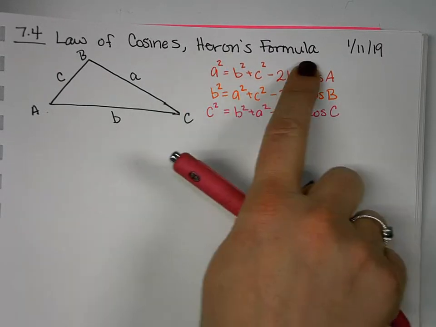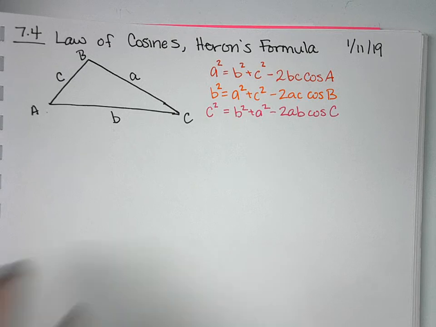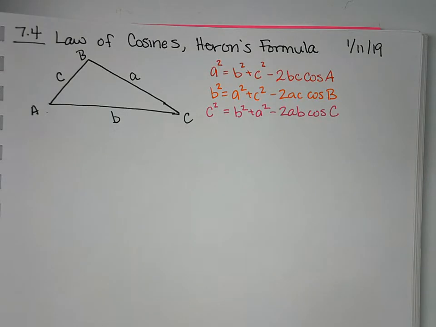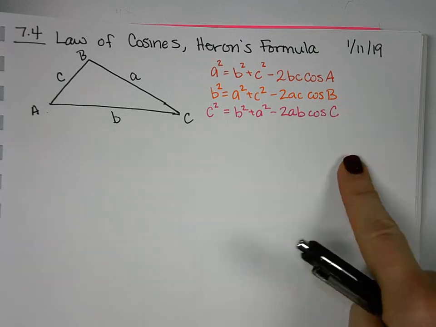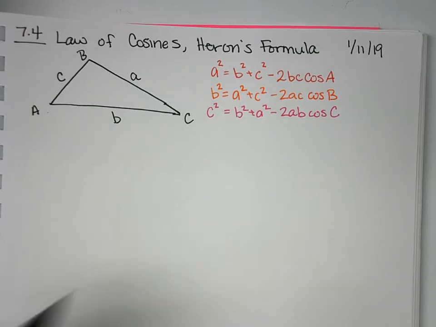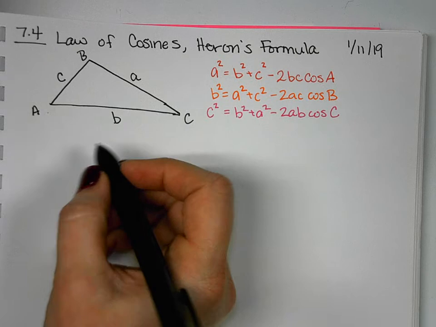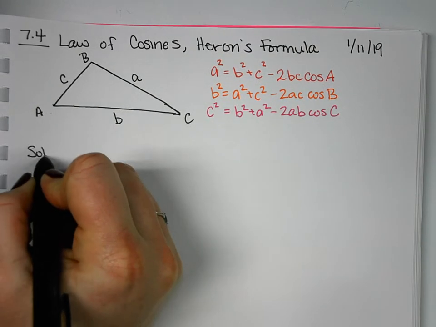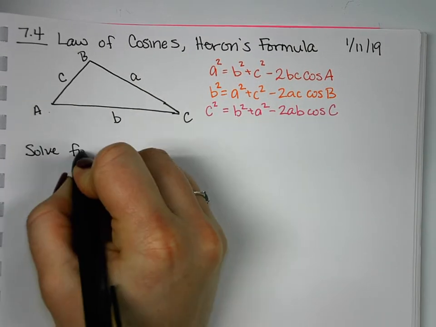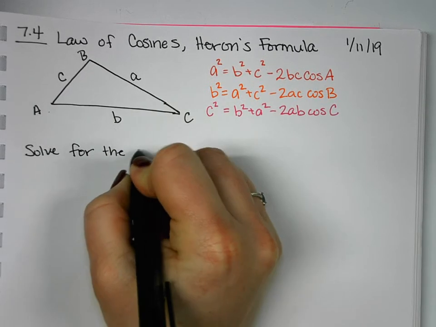So we'll do this in class tomorrow, but we're going to go through just two examples here where we're going to solve for a triangle, but we're going to have to use our law of cosines. So solve for the triangle.